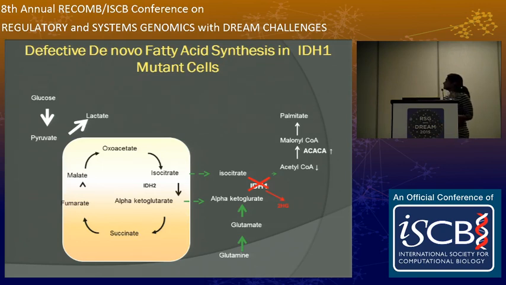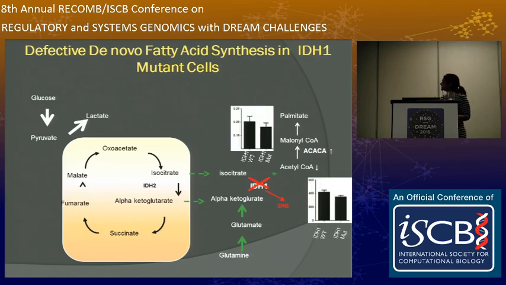We looked at the amounts of the precursors, malonyl-CoA and acetyl-CoA, and sure enough, for both of these metabolites, the amount in the mutants is much less than in the wild type. So our working hypothesis is that the IDH mutant cells are struggling to make fatty acid, and when you knock down ACACA, it serves really as a death knell for this particular type of cell.